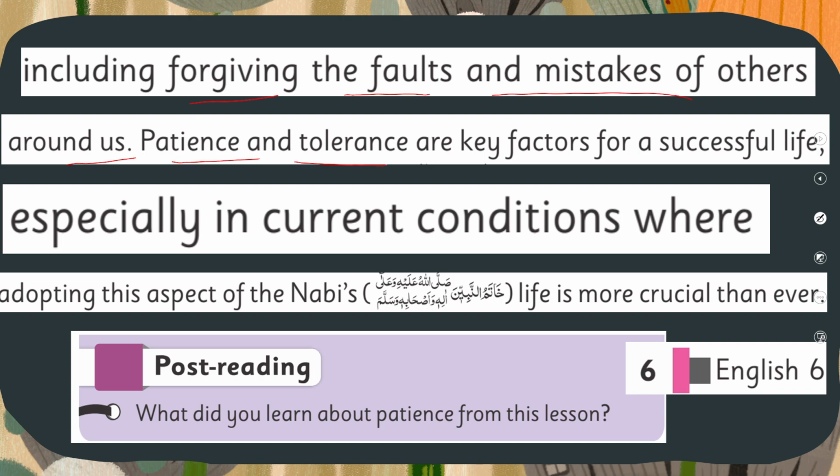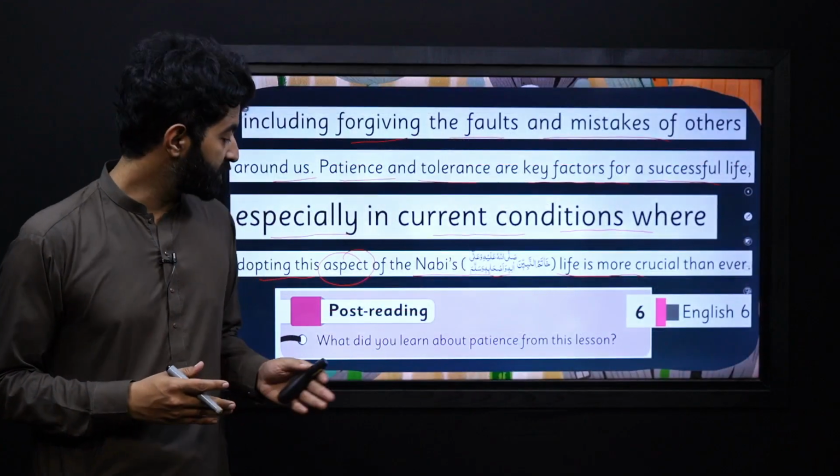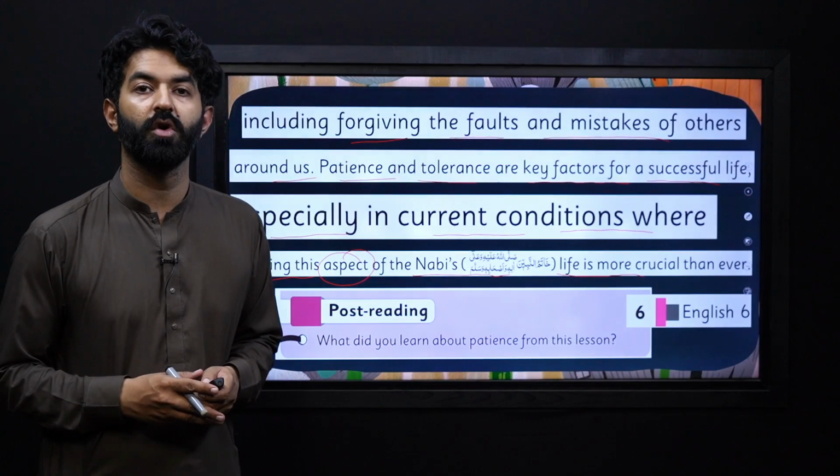Patience and tolerance are key factors for a successful life, especially in current conditions where adopting this aspect of the Nabi's life is more crucial than ever. So now we have completed our lesson. This is the post-reading question that you can solve.